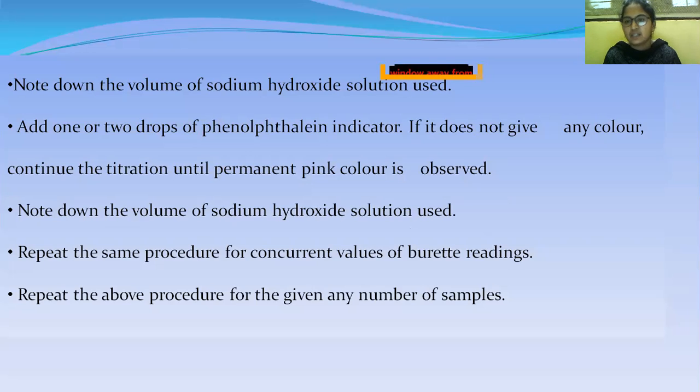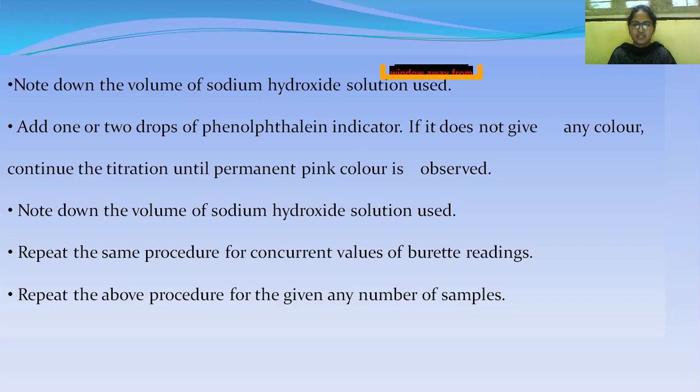If it does not give any color, continue the titration until it turns to pink color. Pink color observed. Note down the volume of sodium hydroxide solution used. So repeat the same procedure for concordant values of burette readings. Repeat the above procedure for any number of samples.